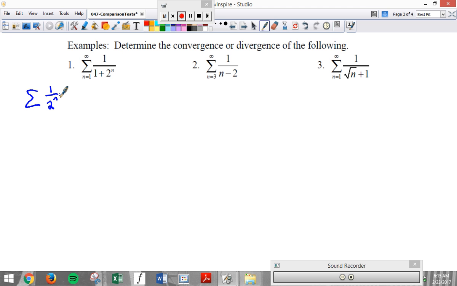Now, it's imperative at this point that you understand that this is a geometric series with r equal to 1/2. Good. If you've said 1/2 or thought 1/2, you are right. So the absolute value of r is less than 1, so it converges by GST.